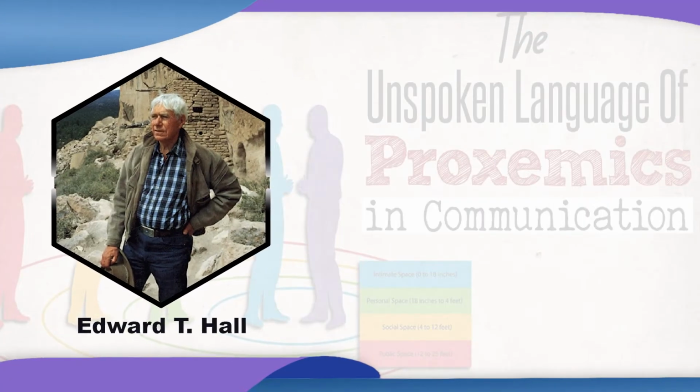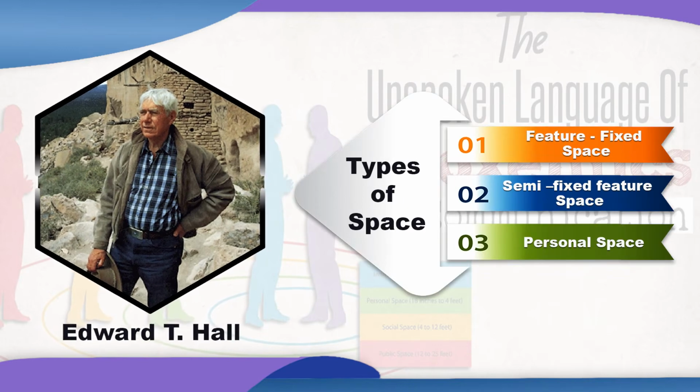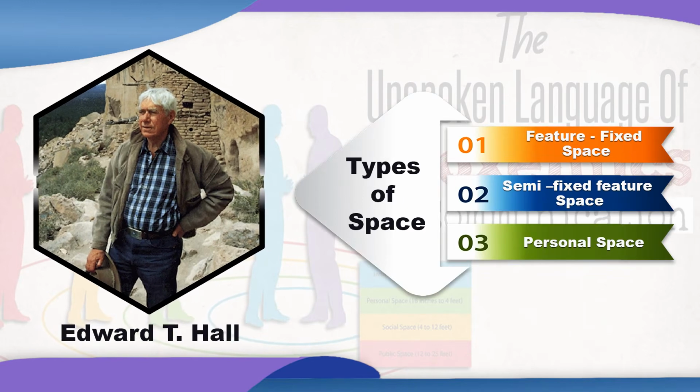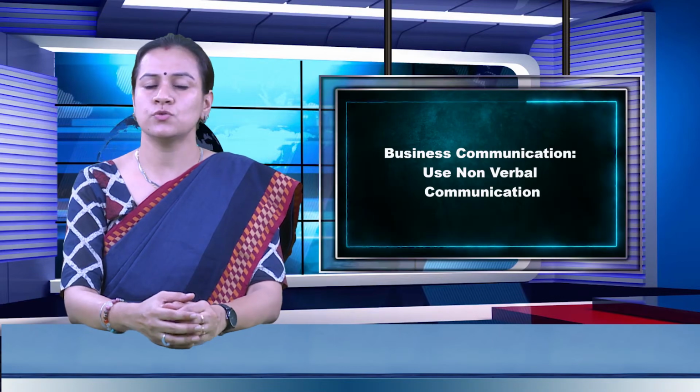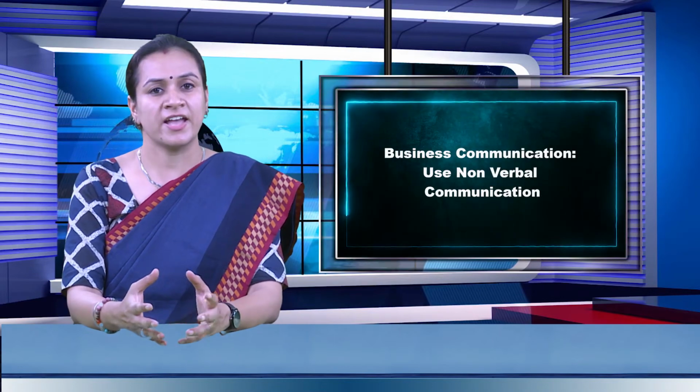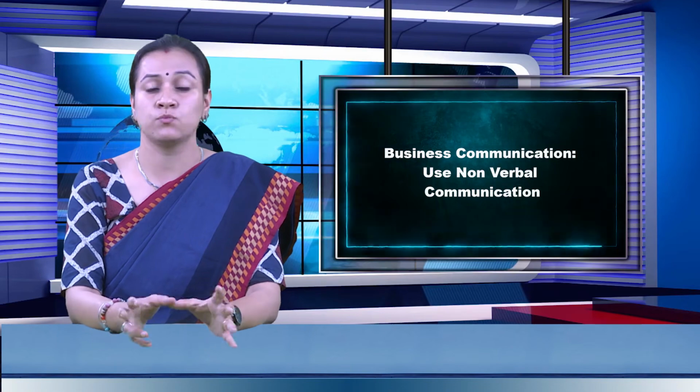One of the major writers on this type of communication is the anthropologist Edward T. Hall. He has identified three major types of spaces: fixed feature space, semi-fixed feature space, and personal space. Fixed feature space refers to the buildings and other fairly permanent structures such as walls.